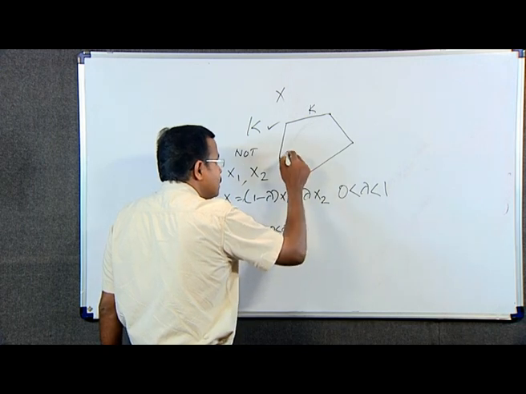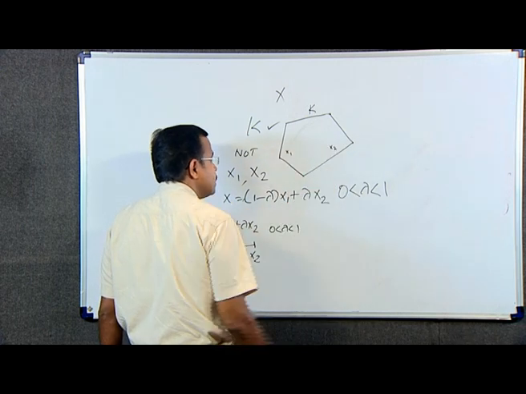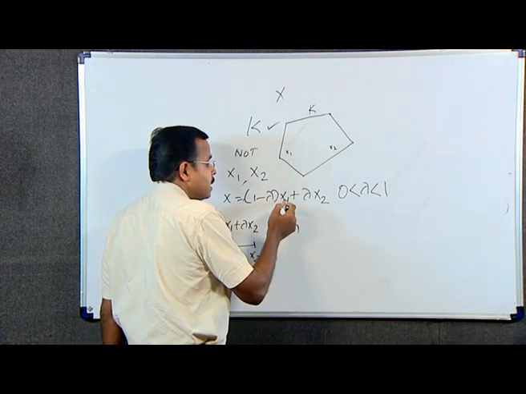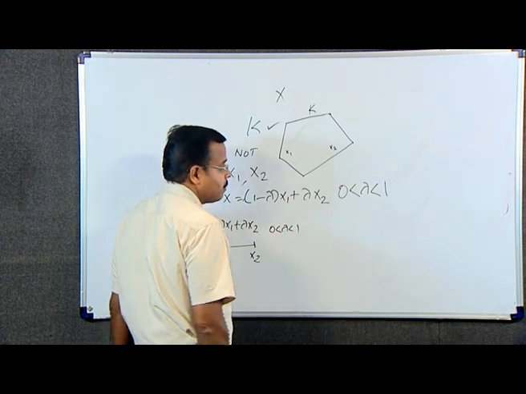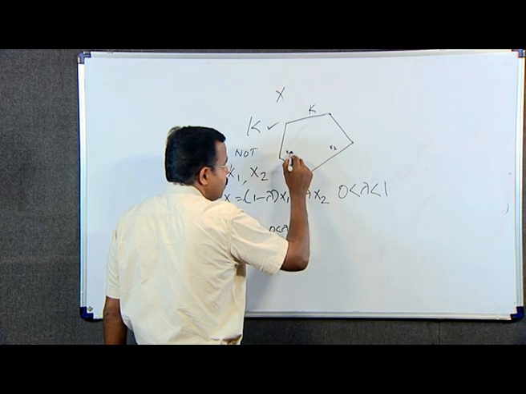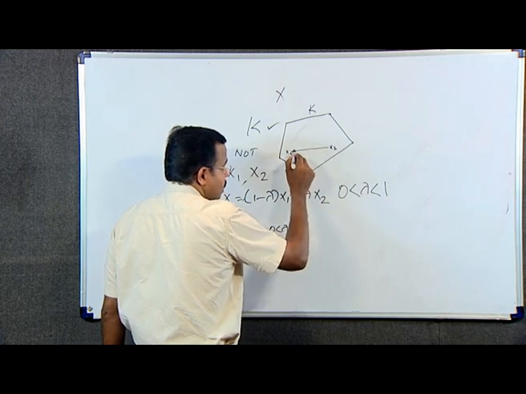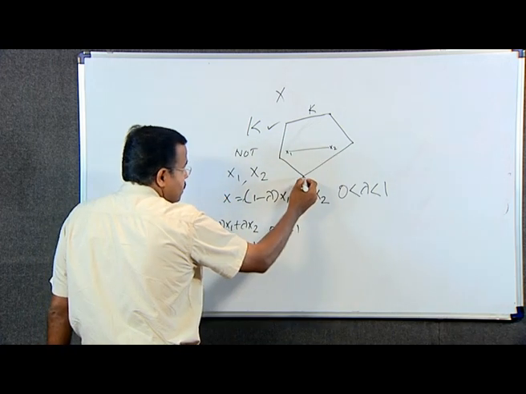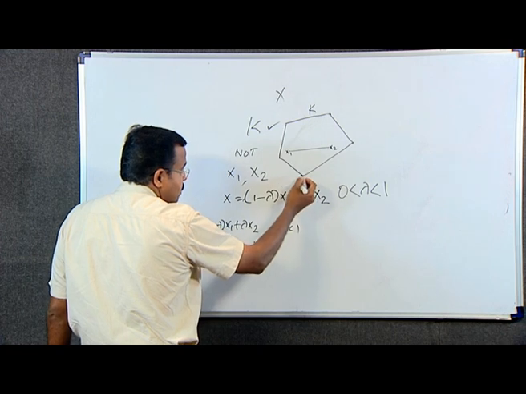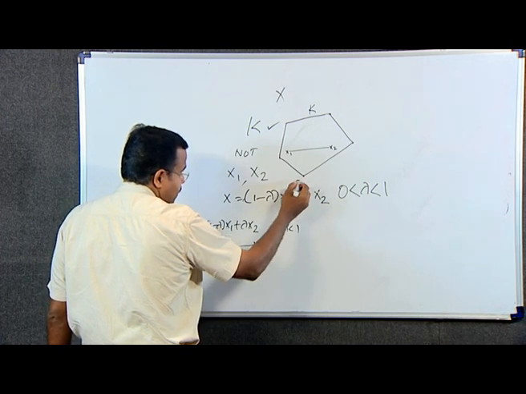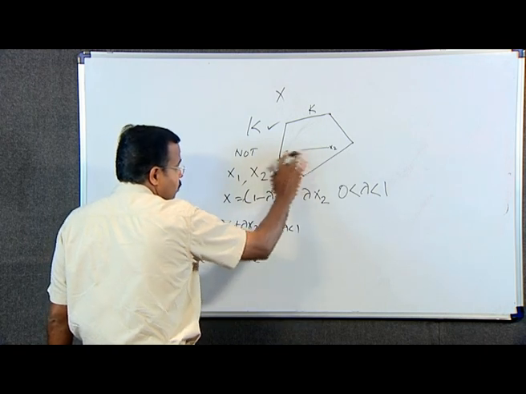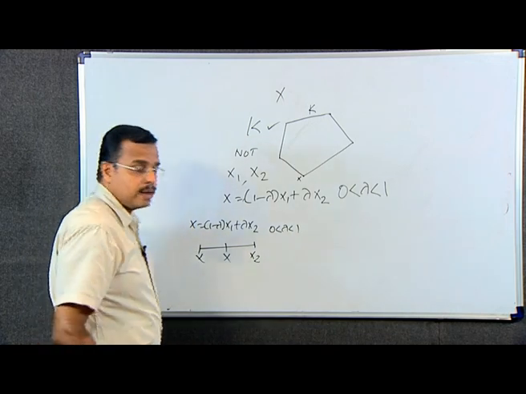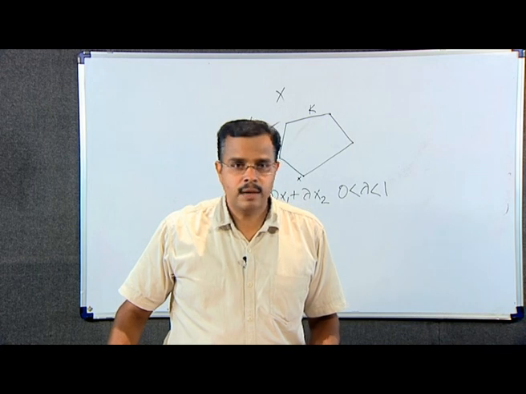If point x1 is here and x2 is here, and if a point x can be expressed as (1 − λ)x1 + λx2 for some lambda between 0 and 1, definitely that point is somewhere on the line joining x1 and x2. So, if this is an extreme point, it is not possible to write this point x as the linear combination of any 2 points x1 and x2 of this particular convex set for some lambda between 0 and 1.